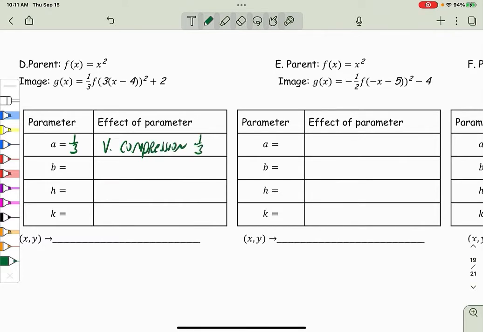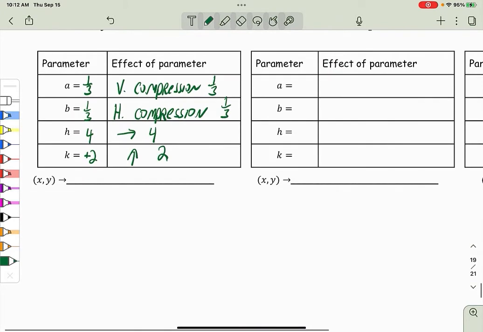Our b parameter equals 1/3, and that's going to be a horizontal compression by 1/3. Our h parameter is +4, which is going to be a right shift of 4. And our k parameter is +2, which is an upward shift of 2.